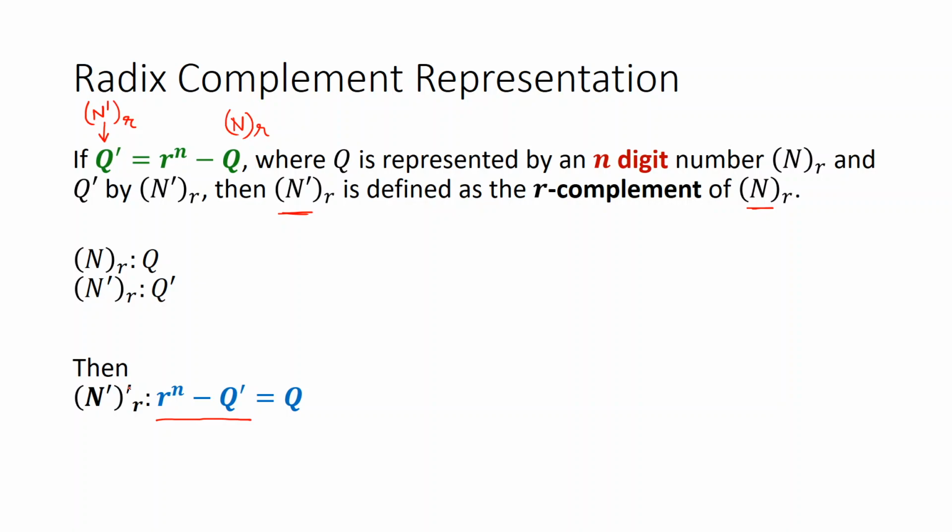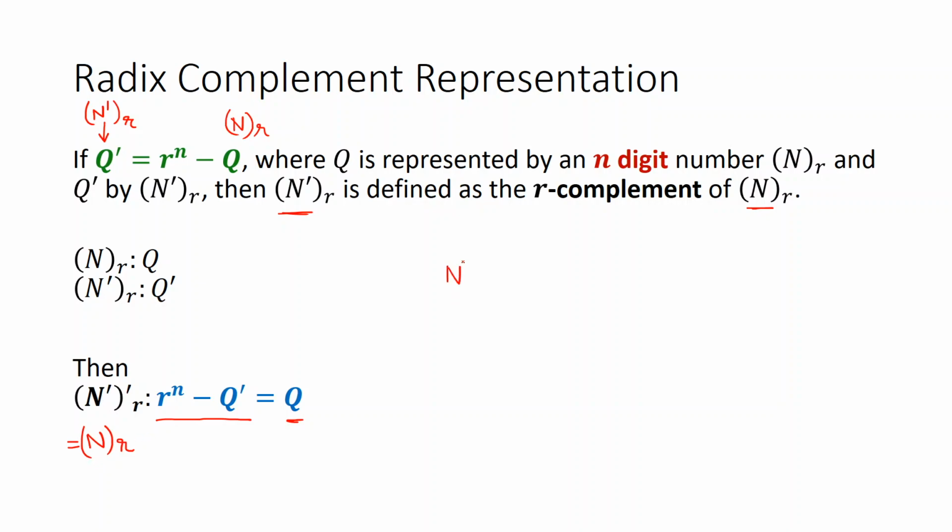So that would be my complement of n dash. Now from this relationship it is very easy to see that r to the power of n minus q dash is q. So the complement of n dash would be nothing but n, the number representing q. So you see that the complement of the complement gives back the same number.